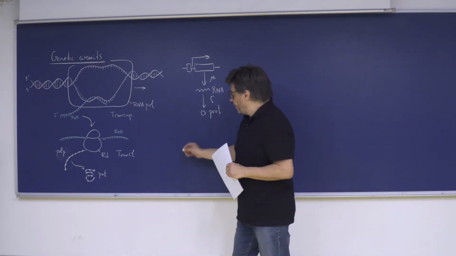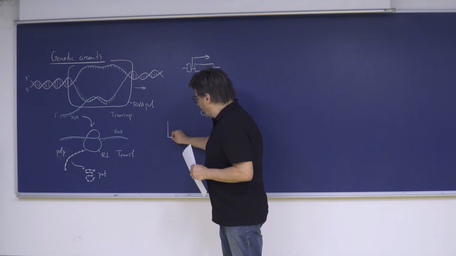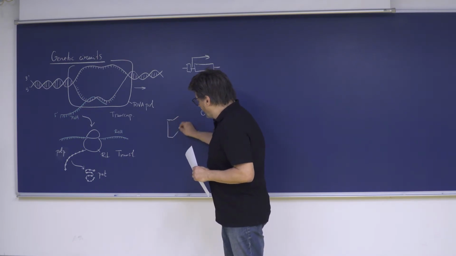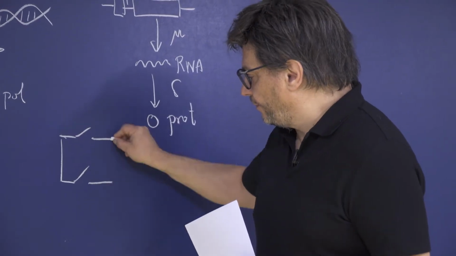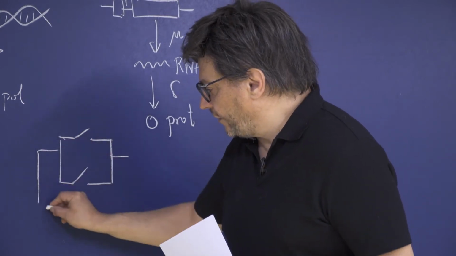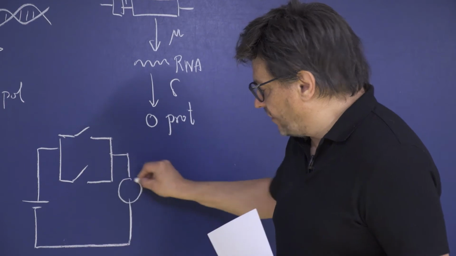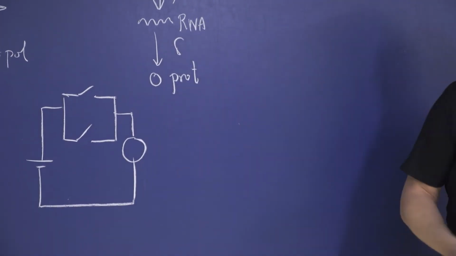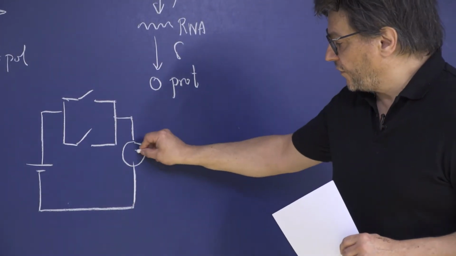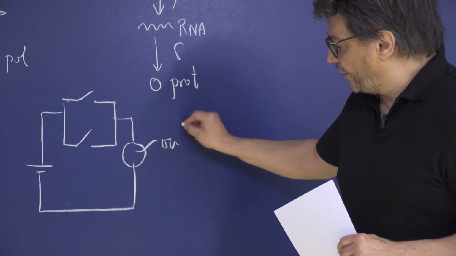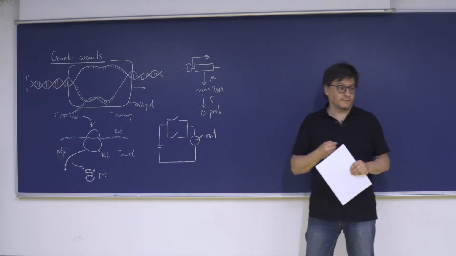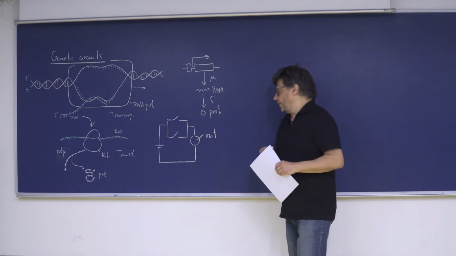And for example, we considered circuits that are very well known in engineering. One extremely simple one, almost trivial, is a circuit like this, where you have, for example, a light bulb. The light bulb is going to be my output, whether or not it's lighting.